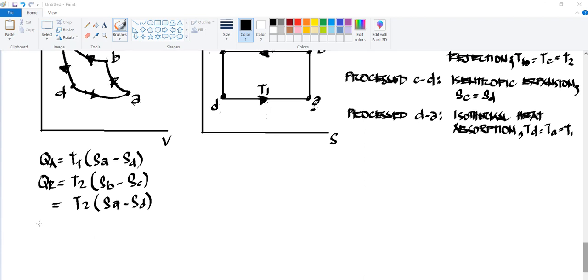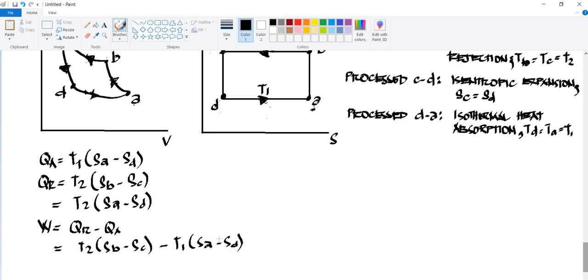Now for the work, we can equate it as your Q rejected minus your Q absorbed. Substituting the value of your Q rejected, that will be T2 times the entropy at point B minus the entropy at point C, minus T1 times the entropy at point A minus the entropy at point D. Now factor that, and you will have your T2 minus your T1.